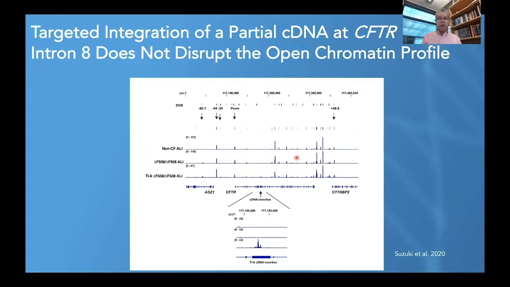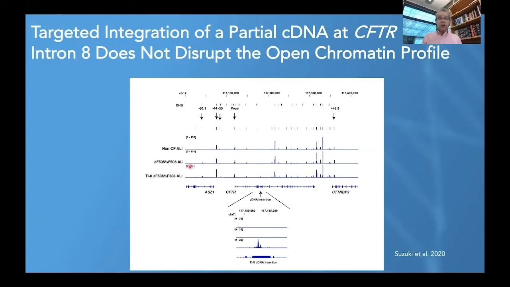We wanted to make sure that we were not going to disrupt the open chromatin configuration or somehow affect it in such a way that would result in not getting the correct cell type specific and levels of expression that we were hoping for.